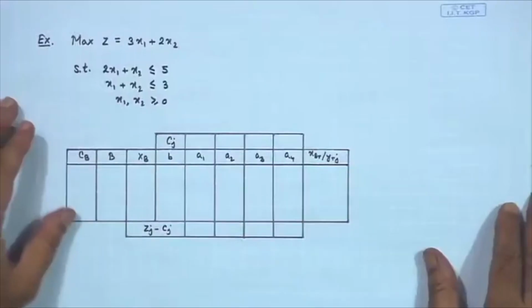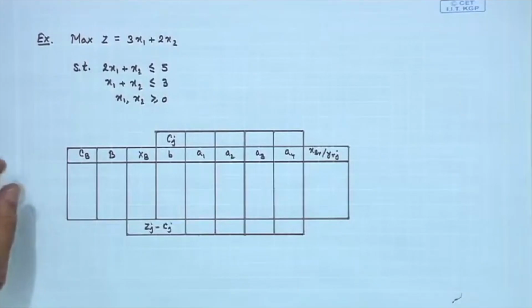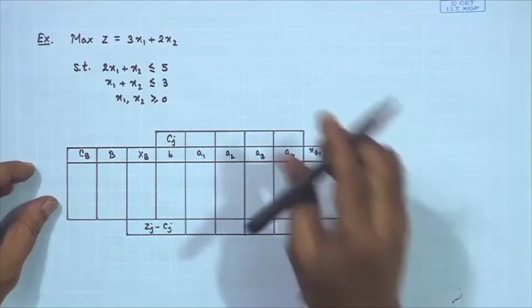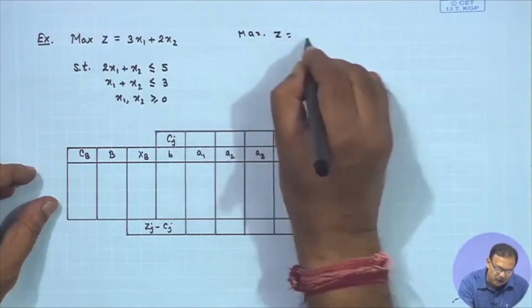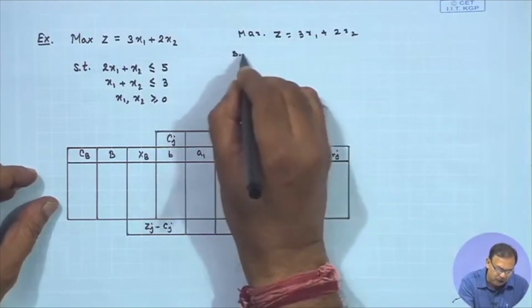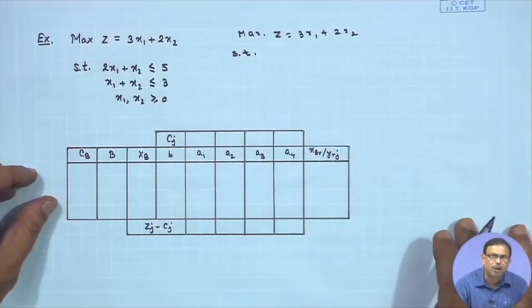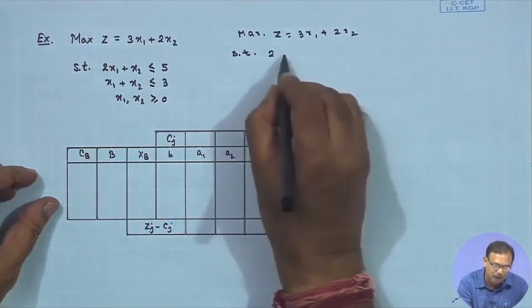Now, let us take another example of some other type. The problem is in the canonical form already. Maximize z equals 3 x 1 plus 2 x 2 subject to less than equals type constraints. So, in standard form, you can make both the less than equals type constraints into equality constraints by introducing slack variables.